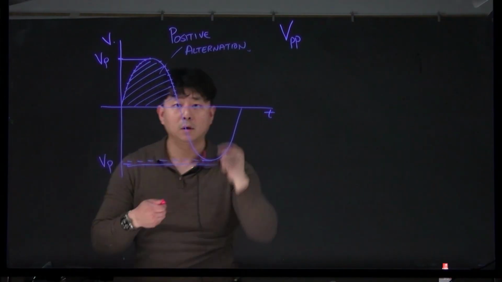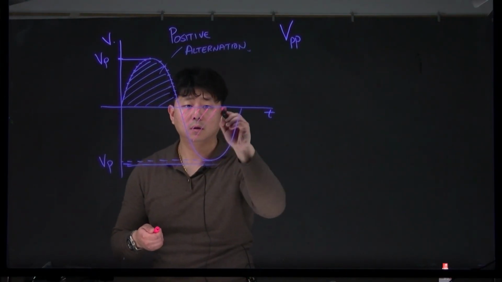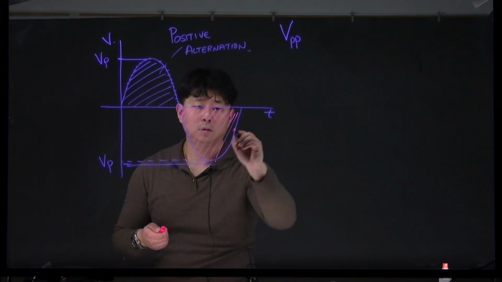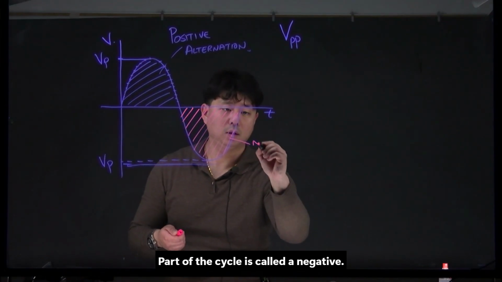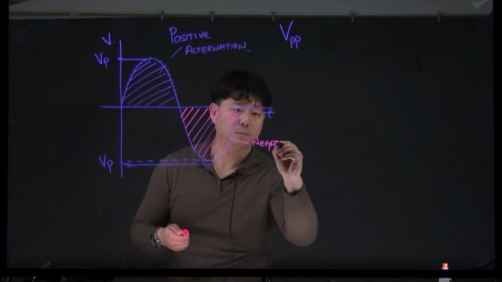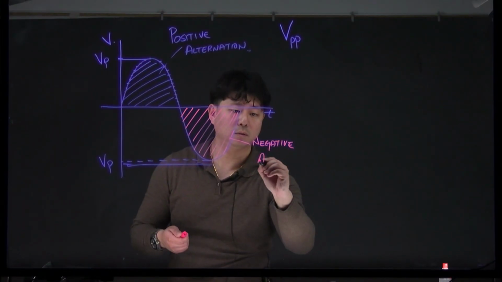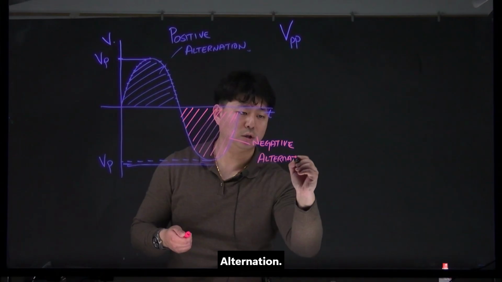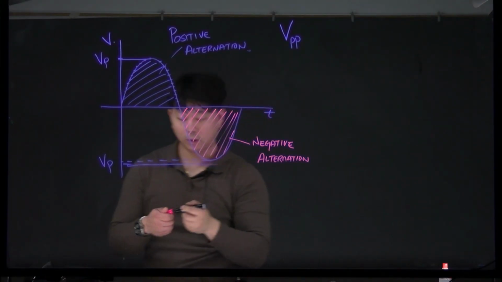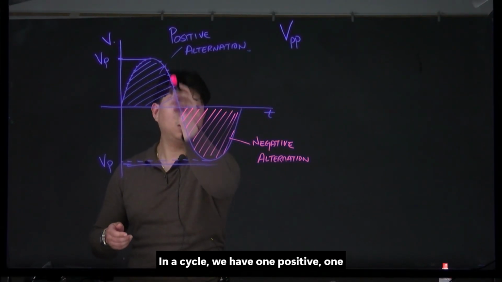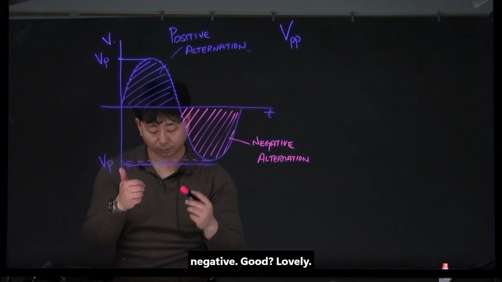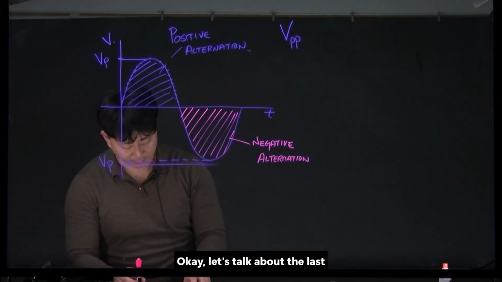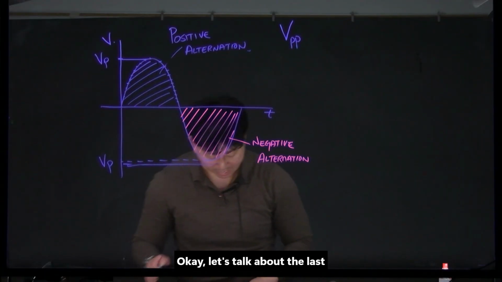Therefore, this part of the cycle is called a negative alternation. In a cycle, we have one positive, one negative. Good? Lovely. Okay, let's talk about the last value.